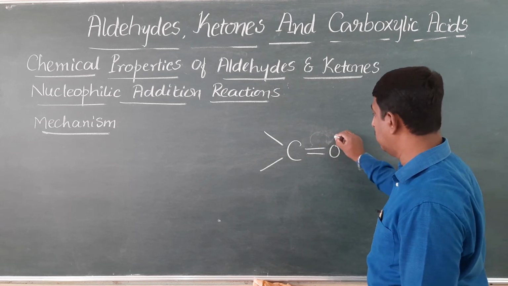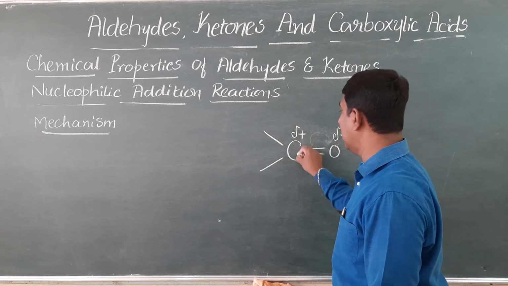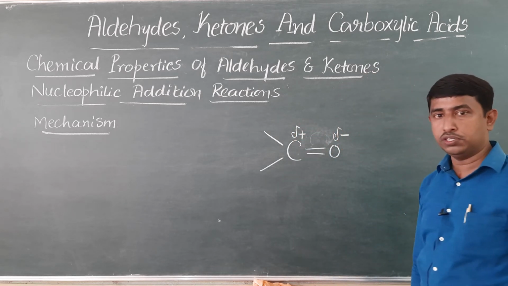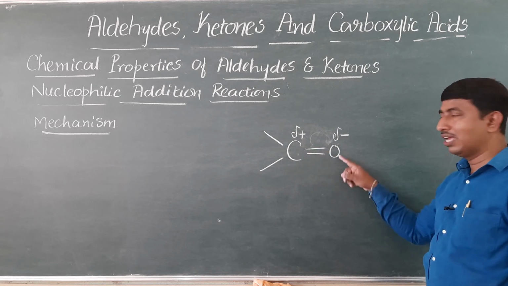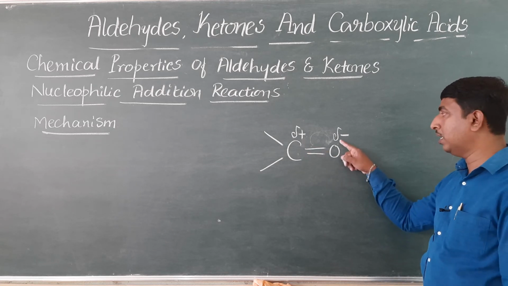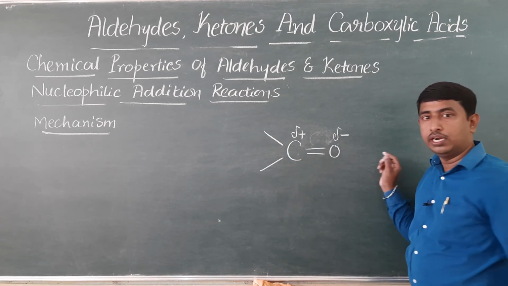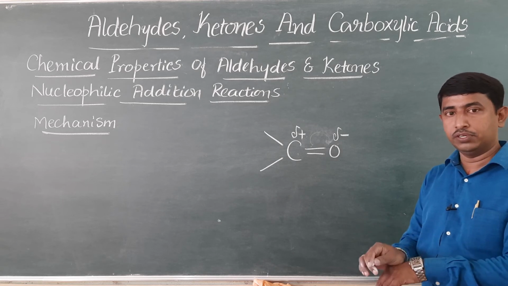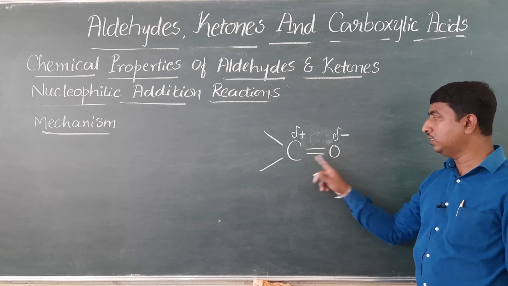As a result, oxygen carries a partial negative charge, delta minus, and carbon carries a partial positive charge. This polarity is due to the difference in electronegativity of these two atoms.